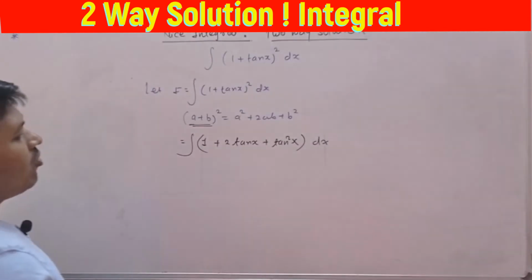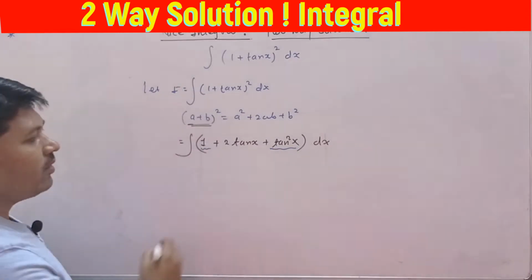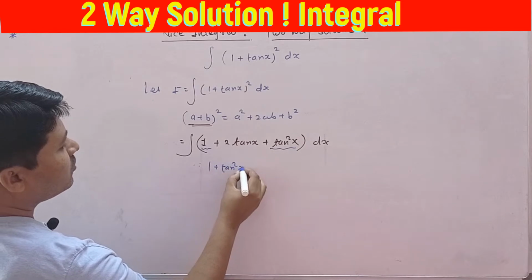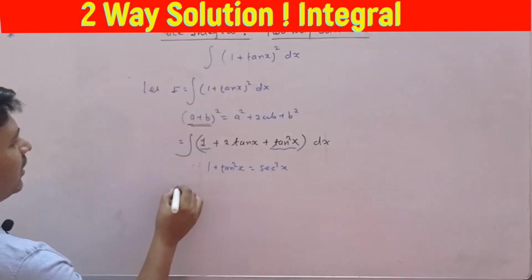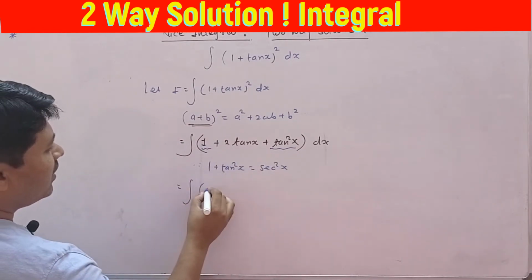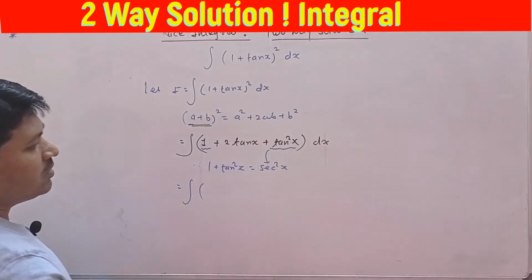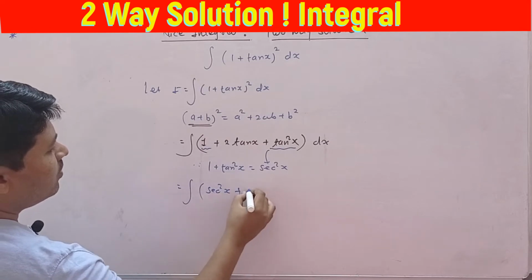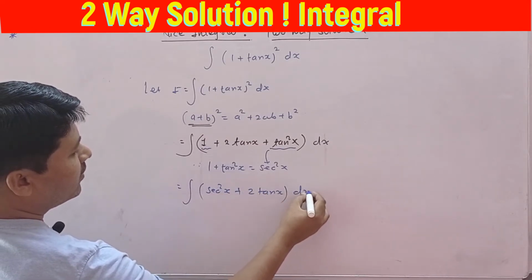Now here we can observe this 1 and this tan square x. We know the formula 1 plus tan square x is equal to sec square x. Therefore this integration becomes the integral of (sec square x plus 2 tan x) dx.